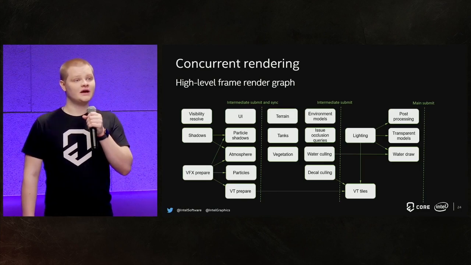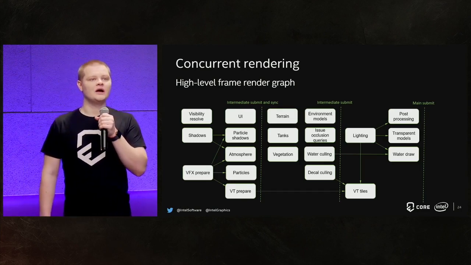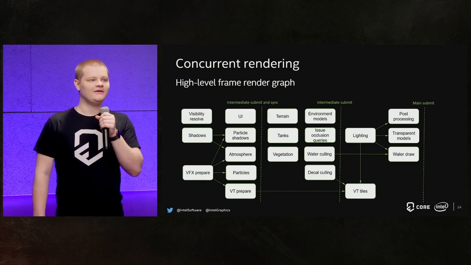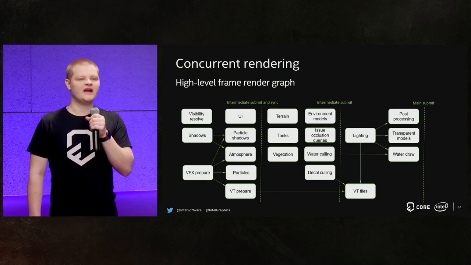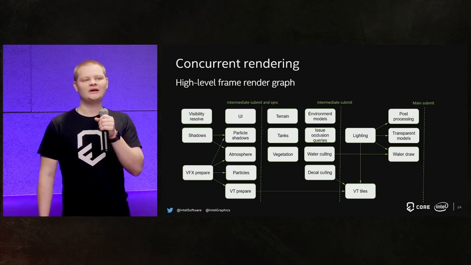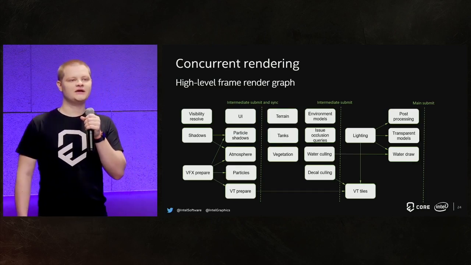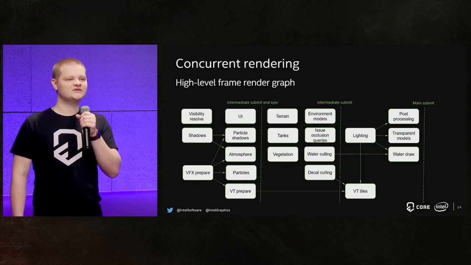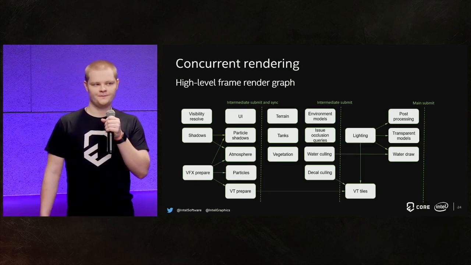On this diagram, you can see an example of how a high-level frame render graph may look. Having such a high-level architecture of the frame is very helpful for everyone in the team to quickly understand the actual flow or order of execution and which subsystems depend on each other.